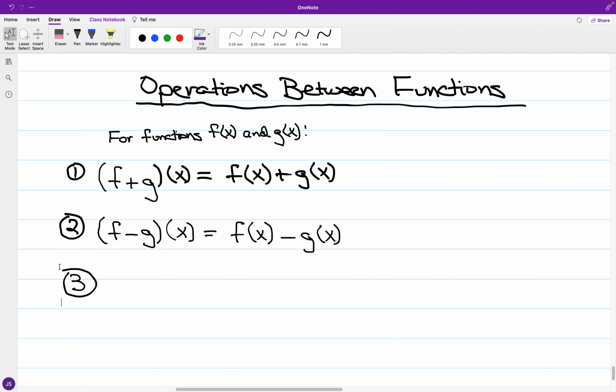And in the case of the product function, we have f times g of x is equal to f of x times g of x.